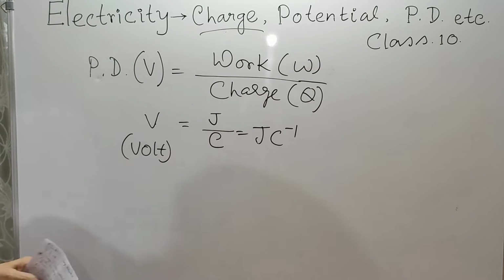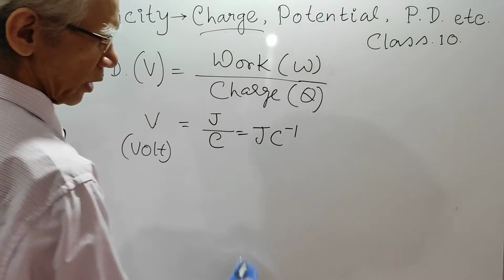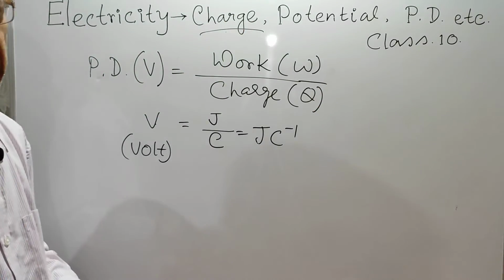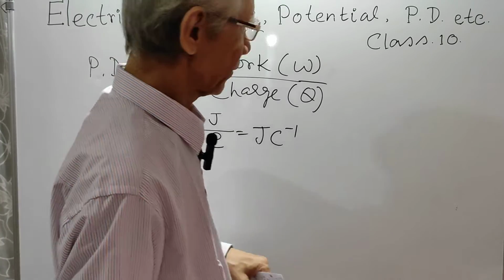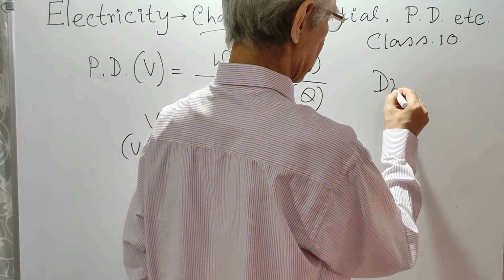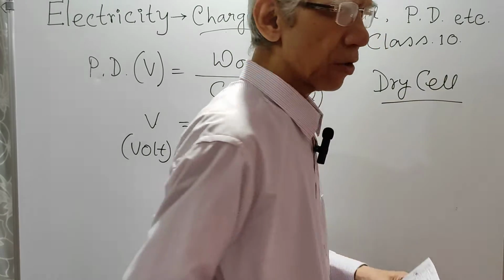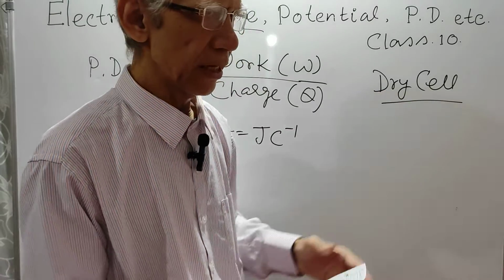All right. Now we'll finish with one numerical problem. But before we do that, another thing: the dry cell. Your torchlight battery, that pencil torch battery, is a dry cell.